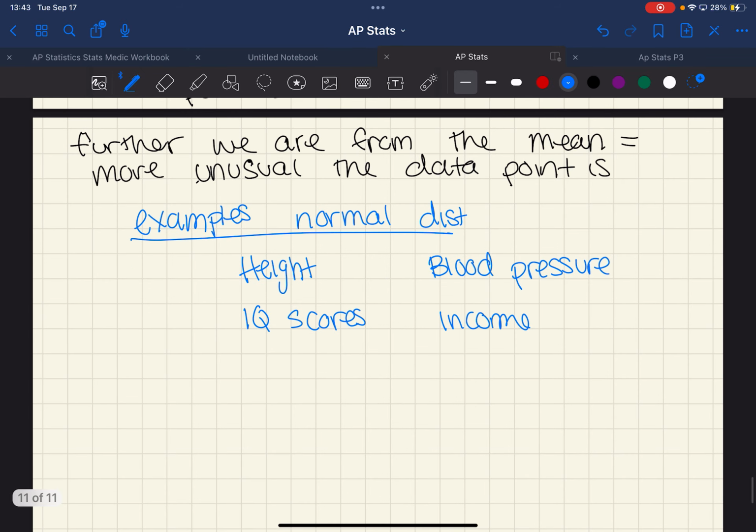And then we have two different types of normal distribution. We have the normal model, which we use for symmetric distributions.